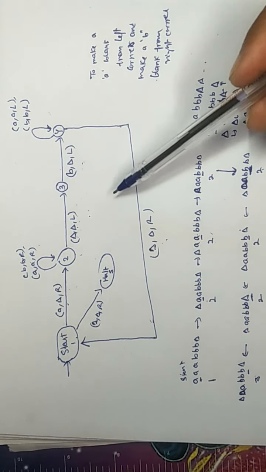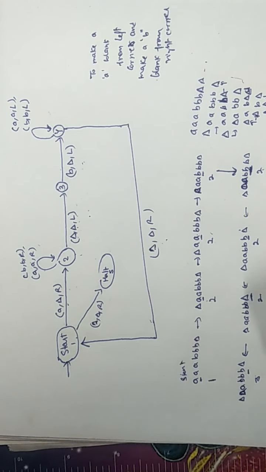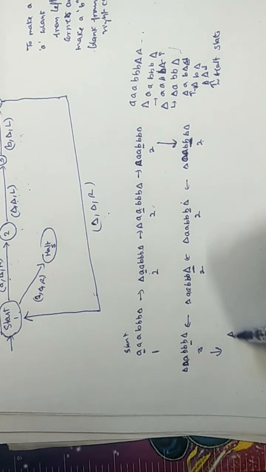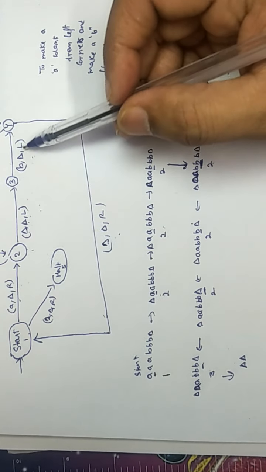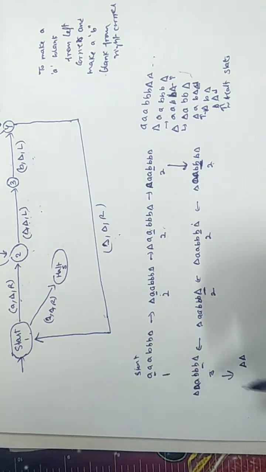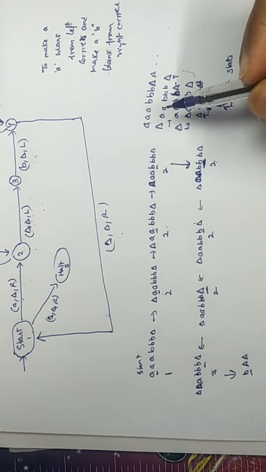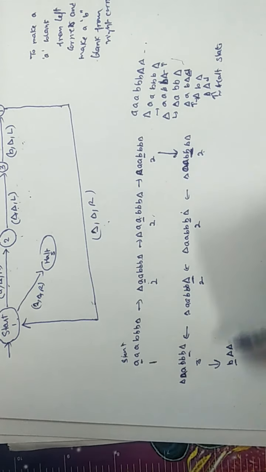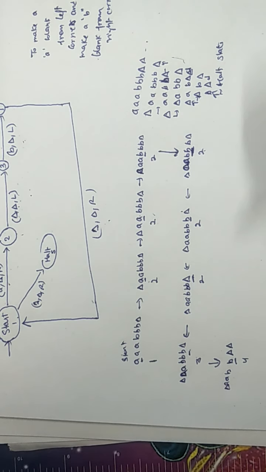Now at state 3 we read B and convert this B into blank, and moving to the left to this B we reach state 4. The state becomes 4 and the input remains like this.